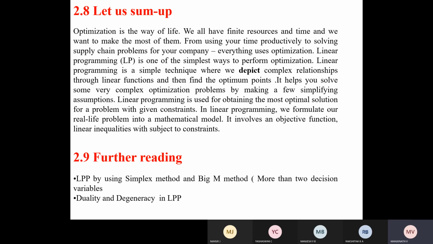Look, read this summary of the chapter. Please read this summary. You tell me what you have understood about this.